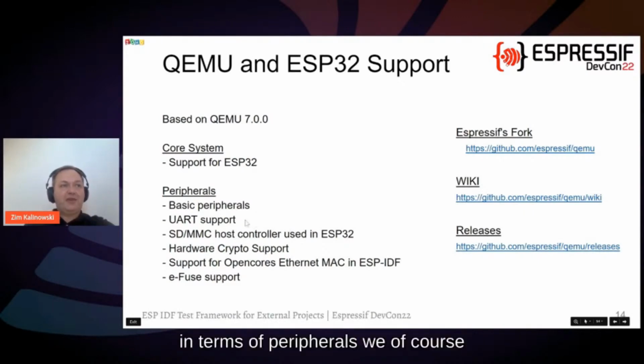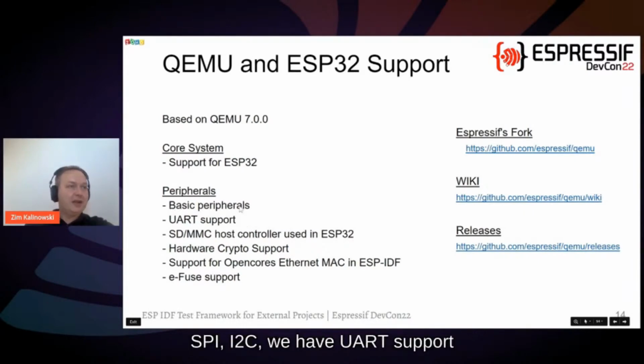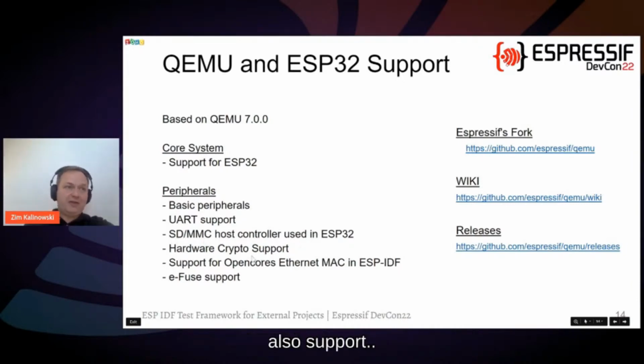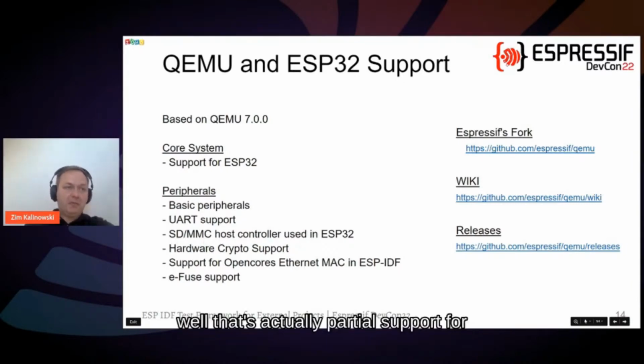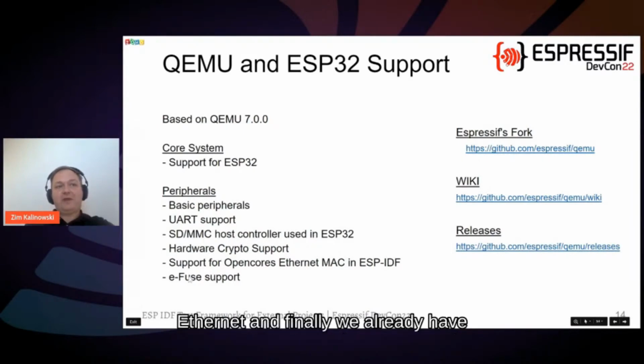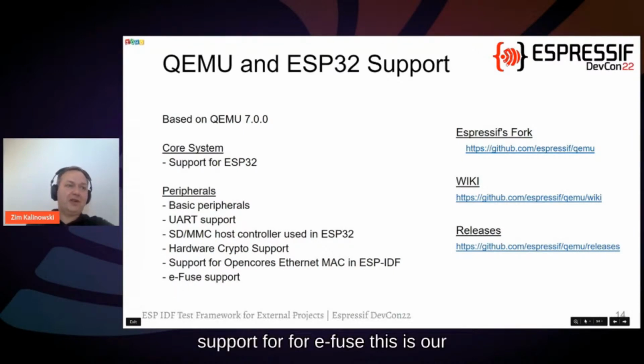In terms of peripherals, we of course support all the basic peripherals like SPI and I2C. We have UART support, SDMMC host controller support, and partial support for hardware crypto. We have support for Ethernet. And finally, we already have support for eFuse. This is our current support.